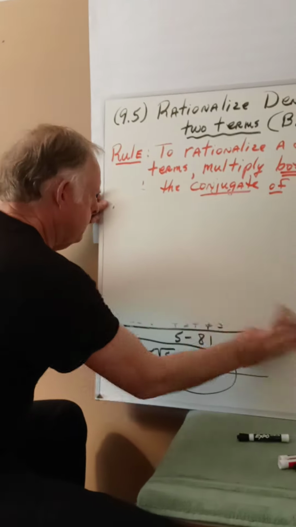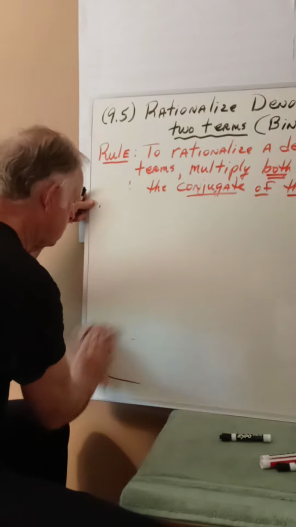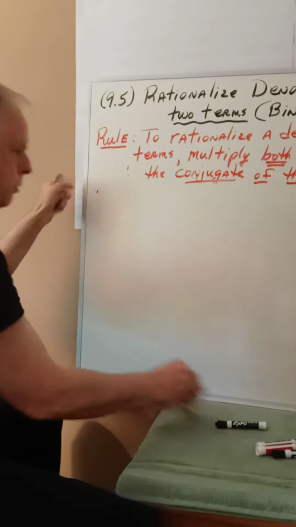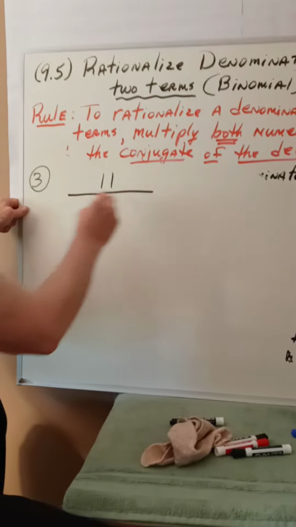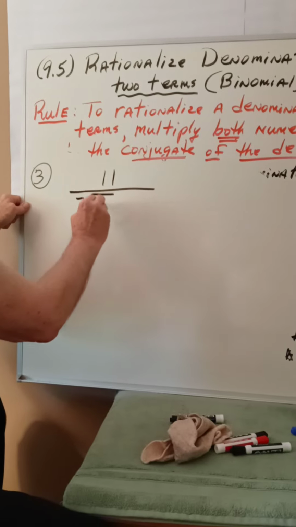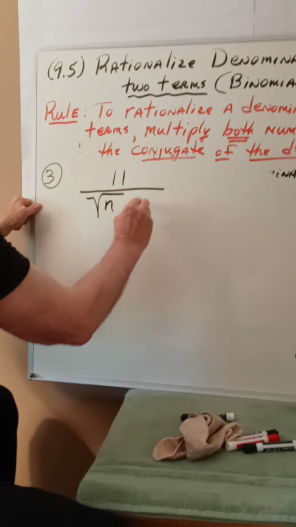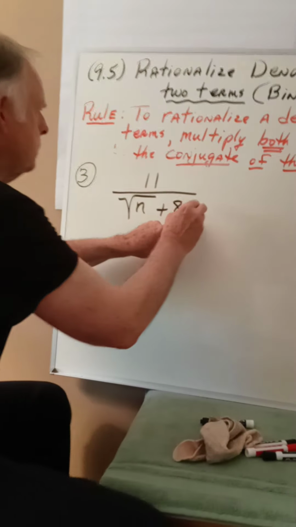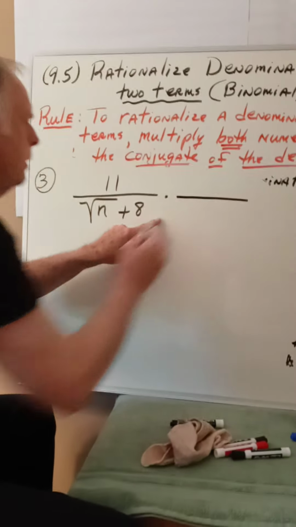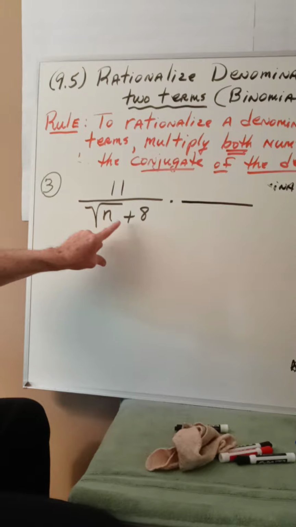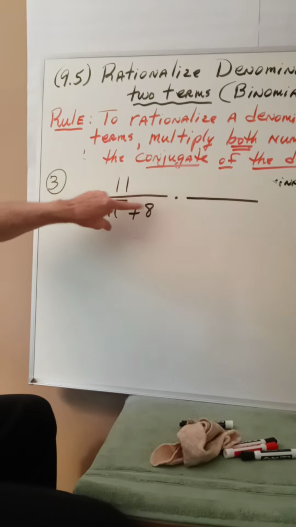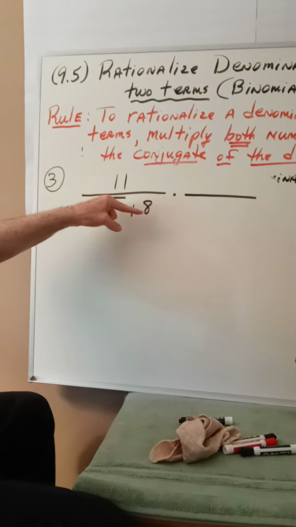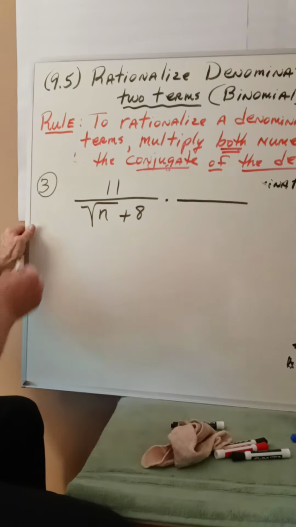Okay, maybe third time's the charm. Let's do that third one. 11 over radical of n plus 8. Times sign, fraction bar. Binomial, radical, we have to rationalize, but it's two terms, so you've got to use the conjugate.